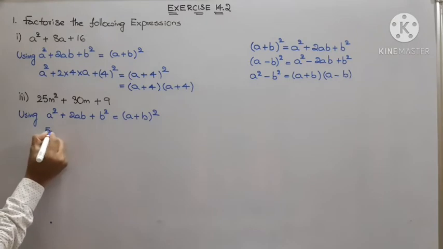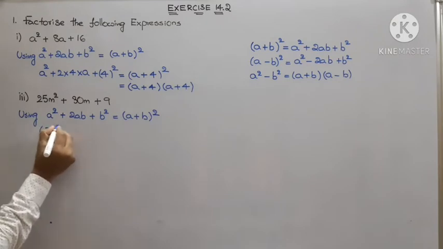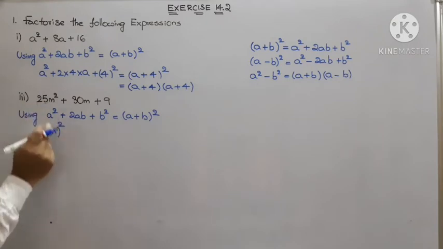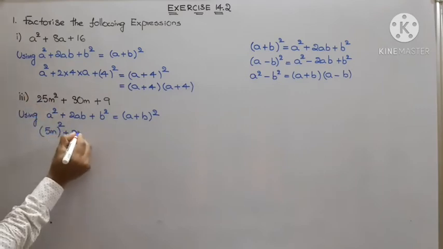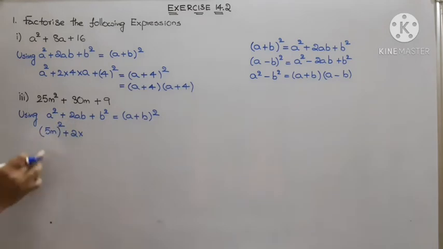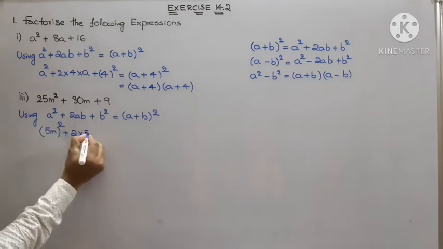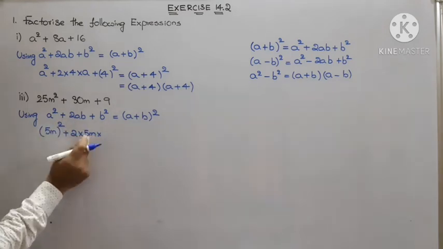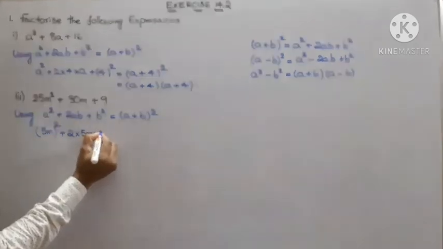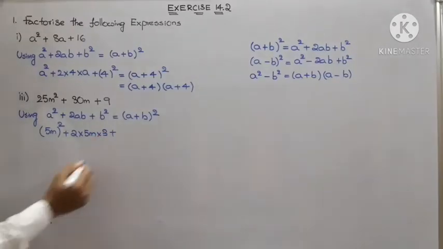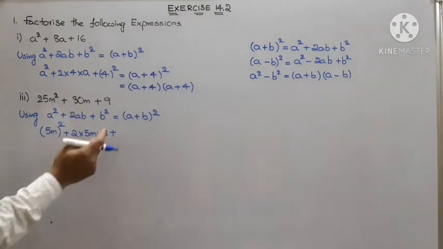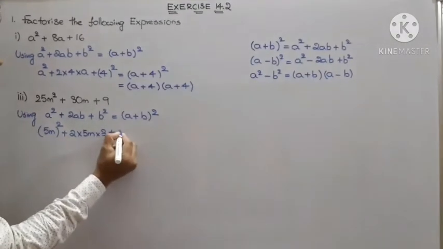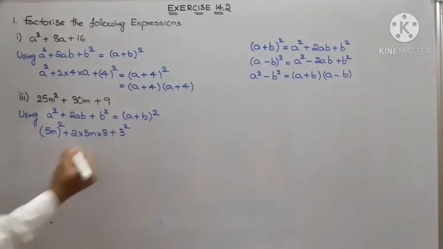We can write it as 5m whole square, because 5 fives are 25, m into m gives us m square, plus 2ab, 2 already fixed, a we know 5m, 2 into 5, 10m, the leftover is 3, so 10m into 3, 30m. So now b square, that means 3 square.